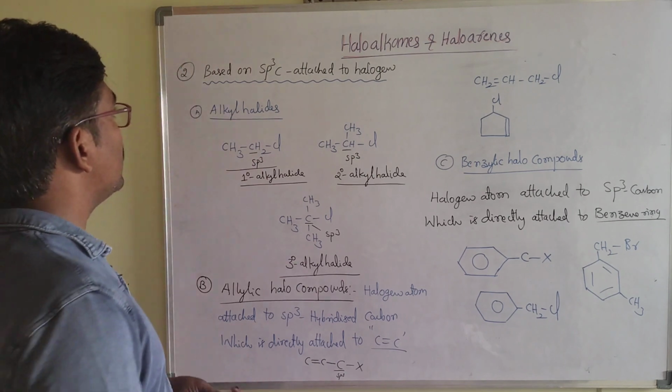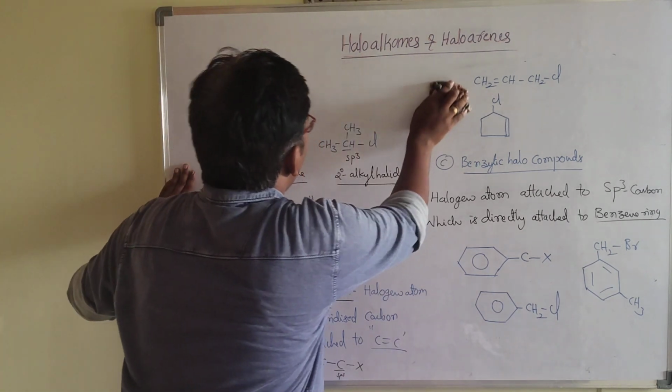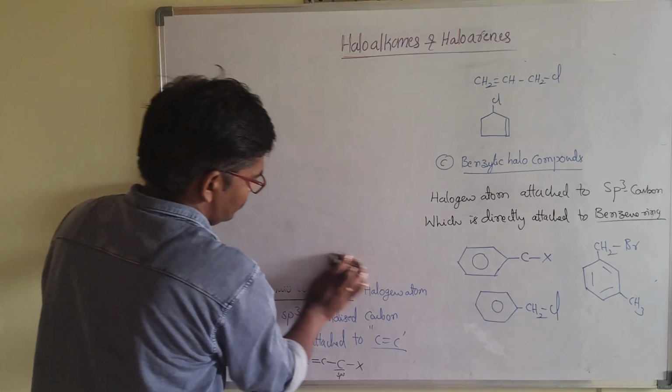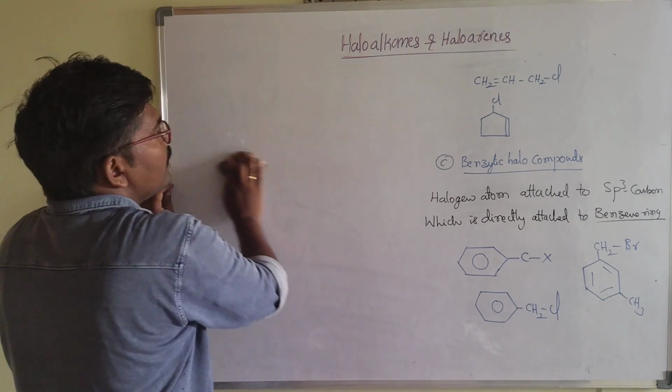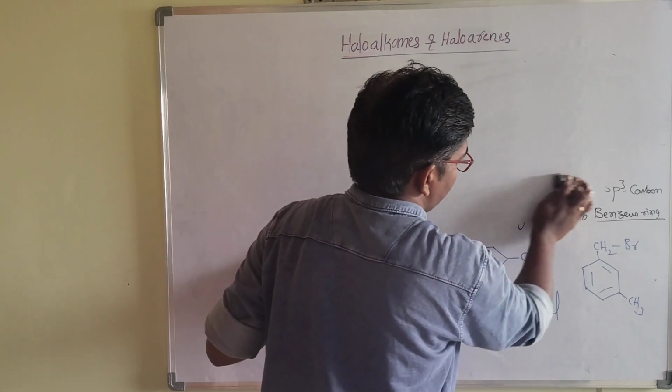If you see the third classification, it is based on sp2 hybridized carbon attached to the halogen. It is the third classification. The third classification is based on sp2 hybridized carbon attached to the halogen.